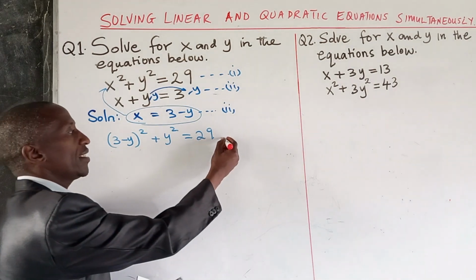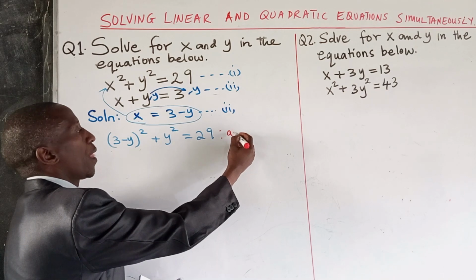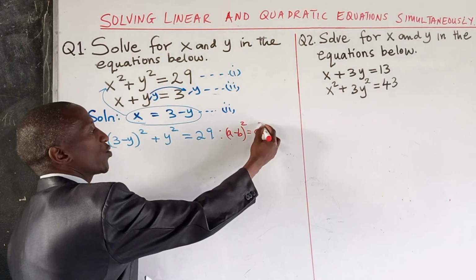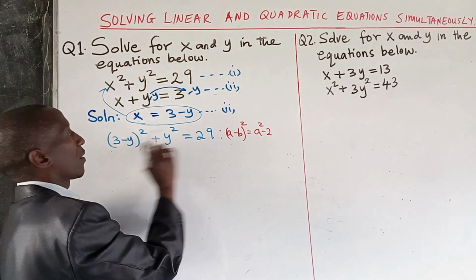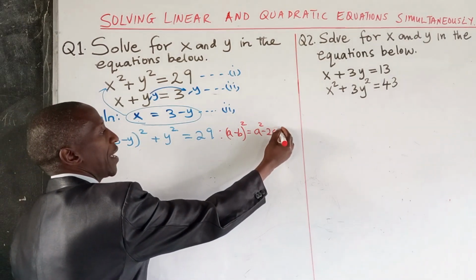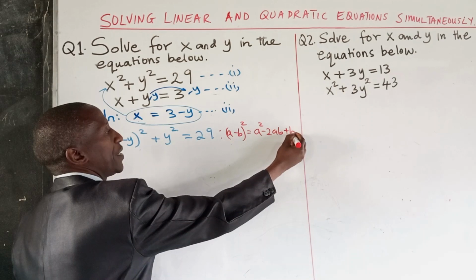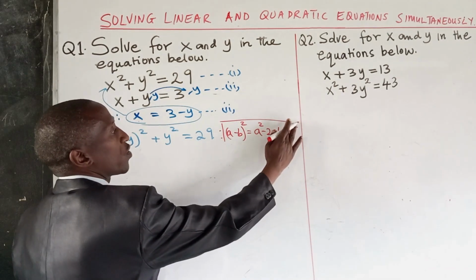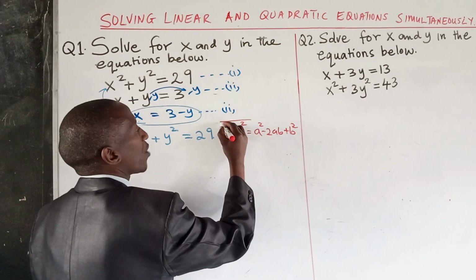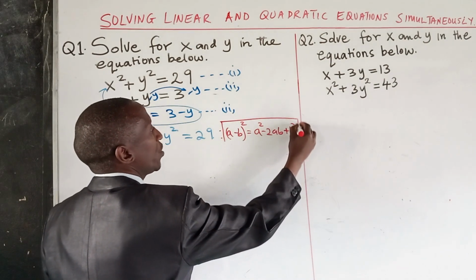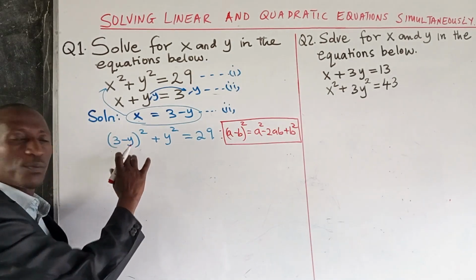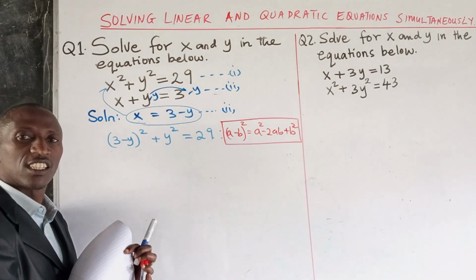The identity says that when we have (a minus b) squared, it becomes a squared minus twice a times b plus b squared. So this is the quadratic identity that I would like us to use. We use it in opening these brackets, and what does it give us?